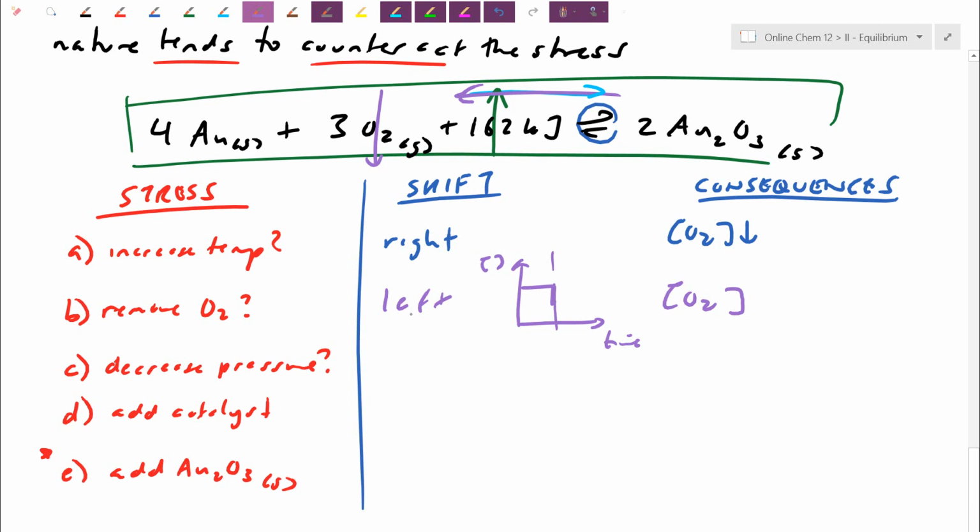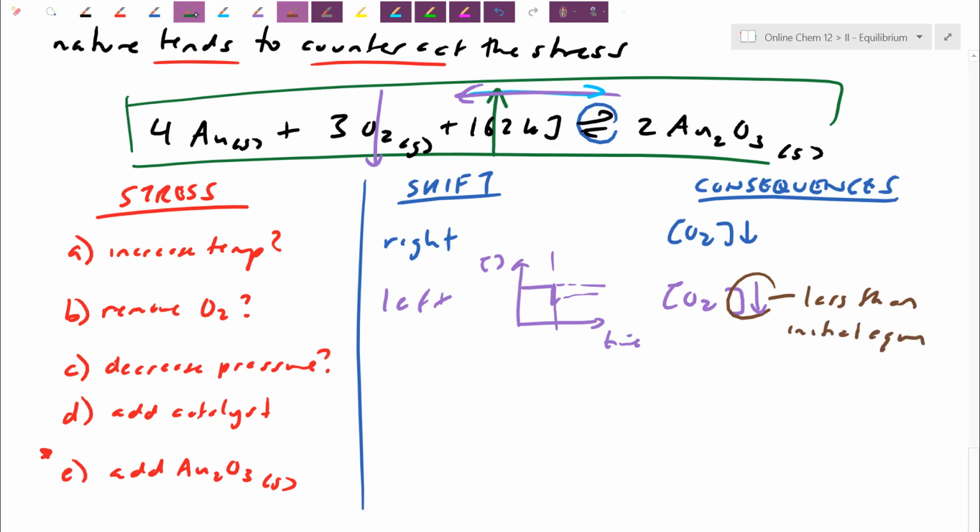As I shift to the left and regenerate some of the oxygen, the O2 climbs, but it never ends up reaching as high as it was to begin with. So overall, compared to the initial equilibrium, the O2 has decreased. Maybe it makes more sense in words: the O2 is less than the initial equilibrium.